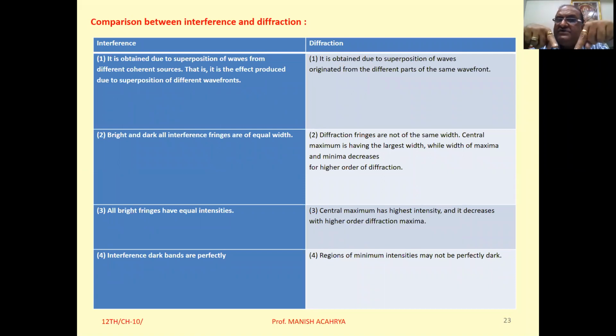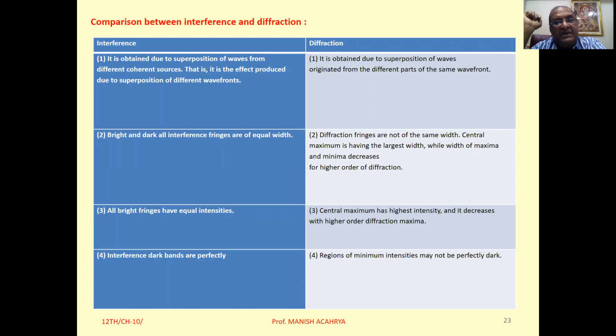The waves which are originated from the same wave front but different particles or points, when these waves superpose, then we get the diffraction pattern. Okay. Then in interference, all the bright and dark fringes are of equal width.